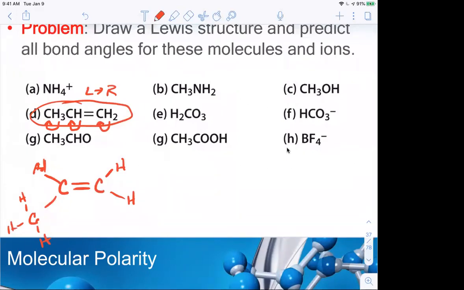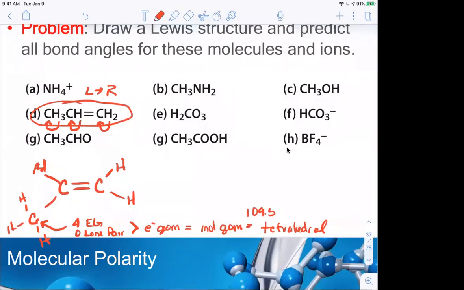What I do want to look at is this guy has 4 groups, 0 lone pair. So the electron geometry is going to equal the molecular geometry, which is going to be tetrahedral. My bond angle is going to be 109.5 because they're roughly the same size.